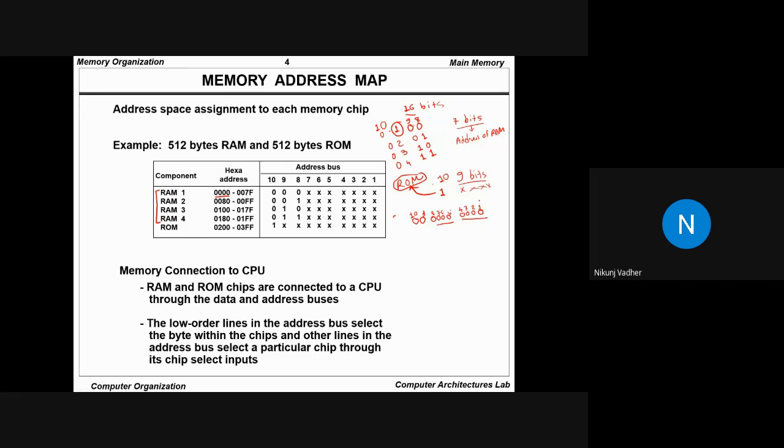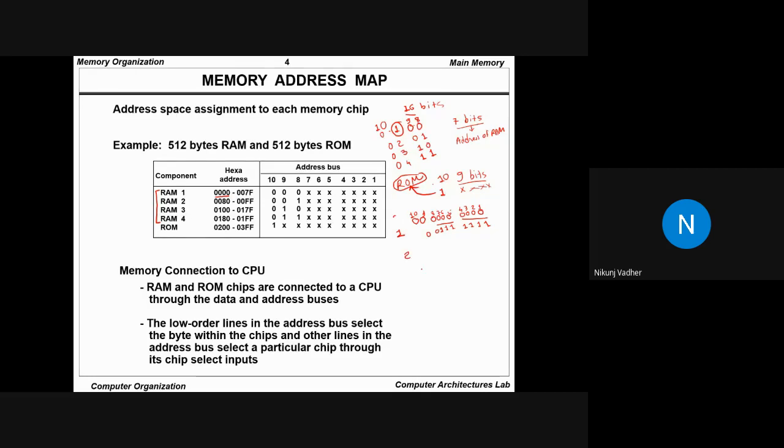What will be the last address of this RAM chip? A 7-bit address is there, so 1, 1, 1, 1, 1, 1, 1, and bit numbers 9 and 8 will be 0, 0. This is the address range for the first RAM chip.